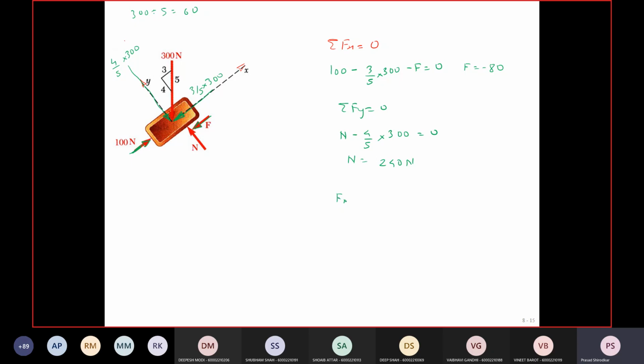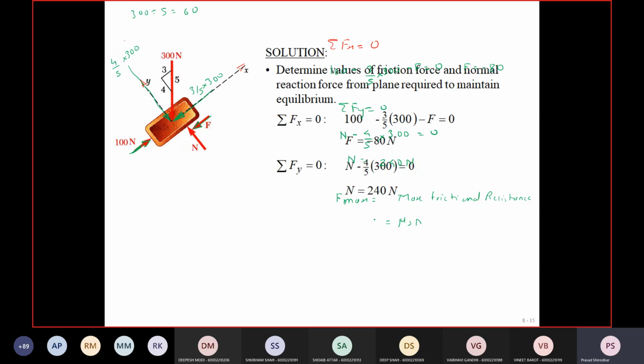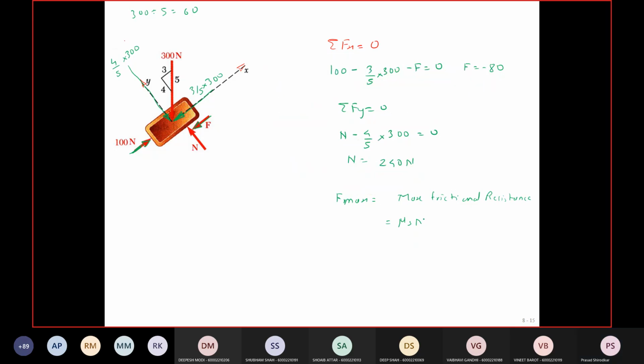F max is the maximum frictional resistance. That is equal to mu static into N. So how much is that? Tell me the value for that.